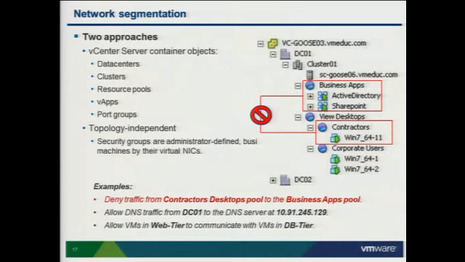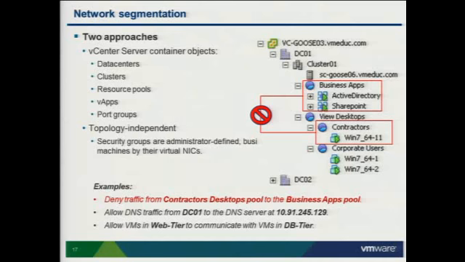Now I can simply go in and set a rule that says, allow DNS traffic from the business app group down to the DNS server. I can also allow VMs in the web tier to communicate with the database tier. But I can also set a rule that says deny contractors access to the business apps.